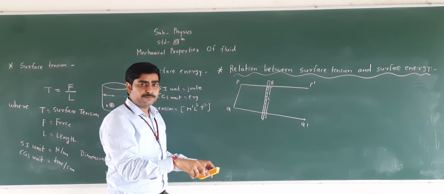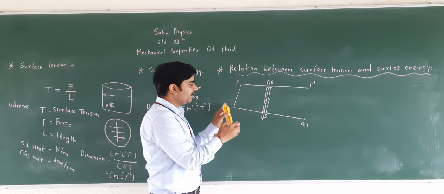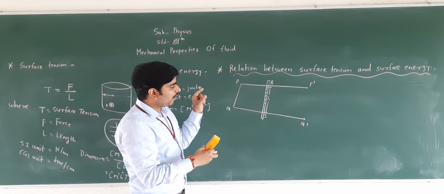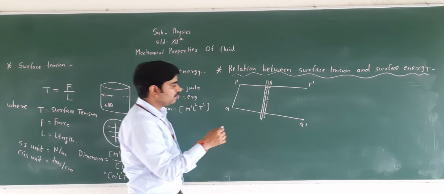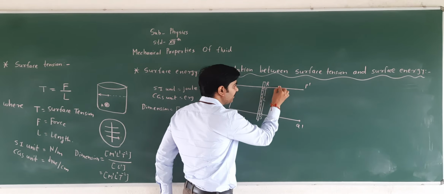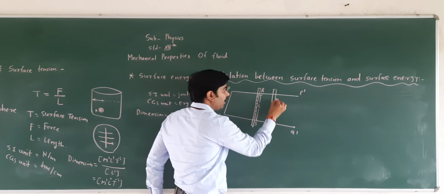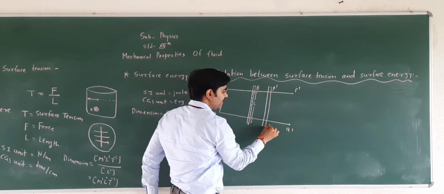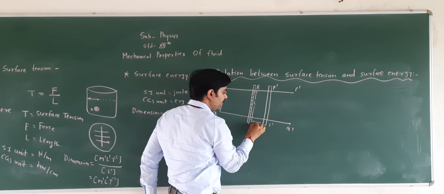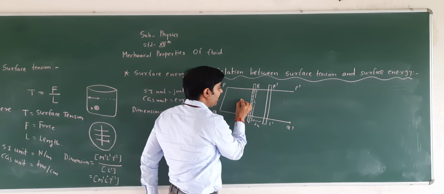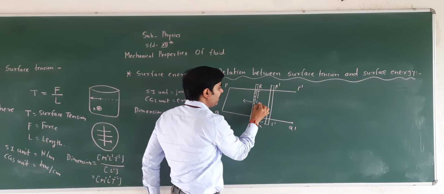Now this frame we have to dip in the soap solution. When we dip it in the soap solution, the soap film will be stuck here, and then we should add the force so that it will be displaced here to R dash S dash. So the displacement dx, and the force will act here.